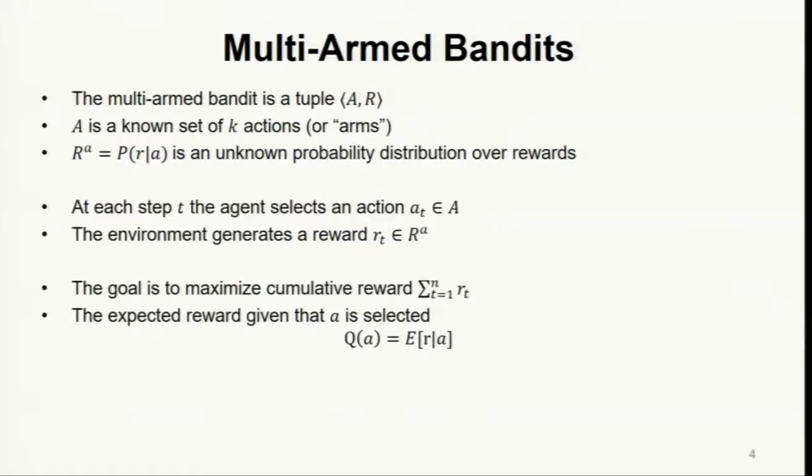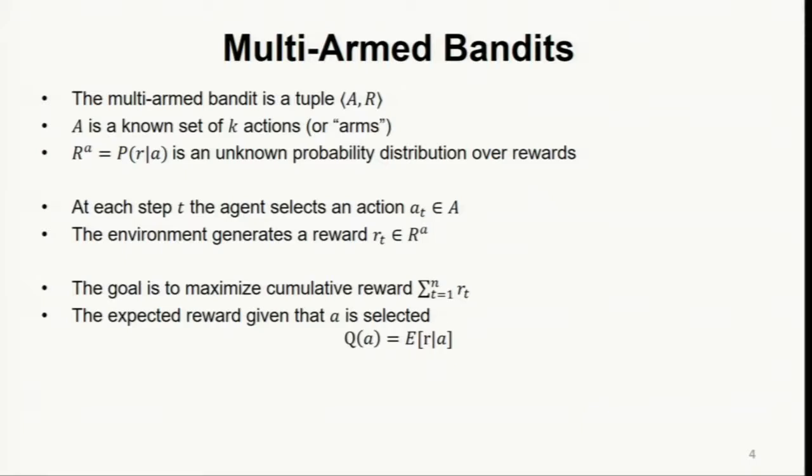So you have a tuple A and R. A is the known set of k actions, k arms. R_a is the return. If you select an arm, the return depends on your action. The return follows an unknown probability distribution of reward.